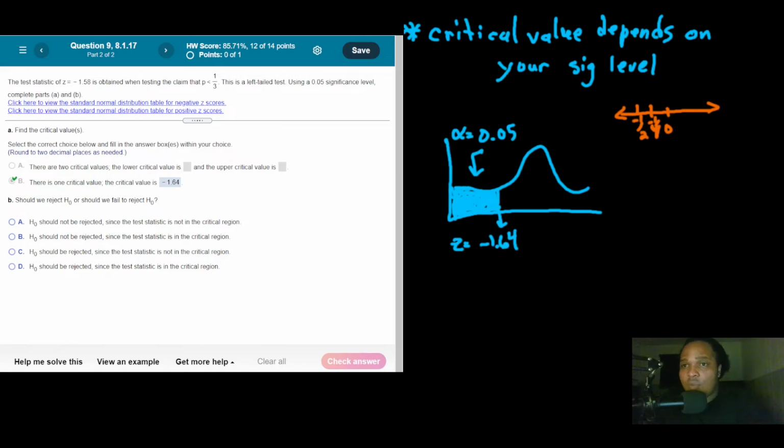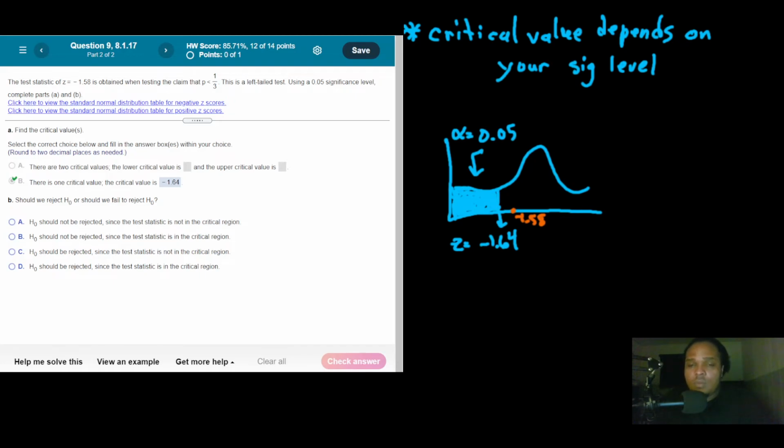Because it's in decimal form, it's a lot easier to grasp. I know normally 1.64 would be greater than 1.58, but because we're negative, the negative 1.58 is going to be somewhere to the left. So just imagine your negative 1.58 is right over here somewhere.